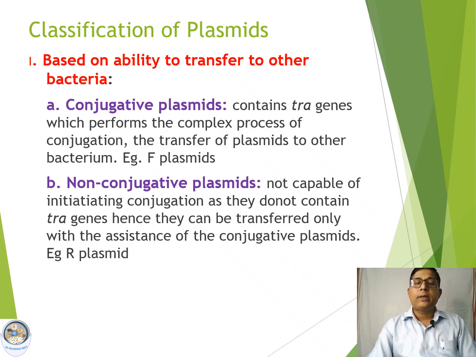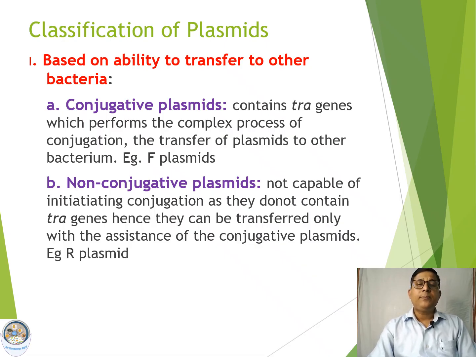Conjugative plasmids contain a specific gene called the tra gene, or transfer gene, which gives them the capacity to transfer plasmids from one bacterium to another.